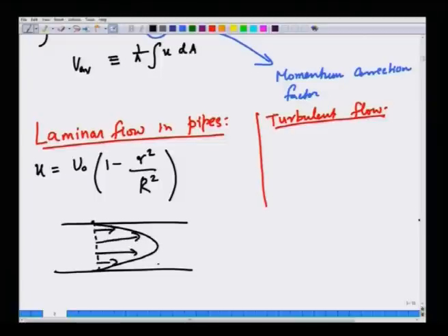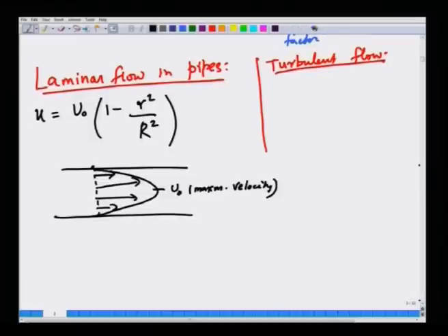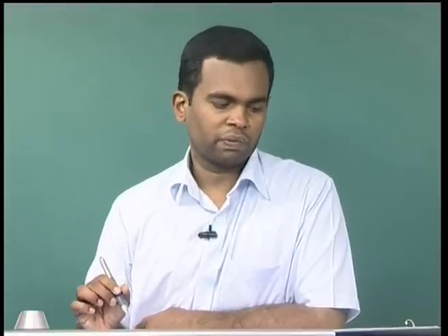Velocity goes to 0 at r equals capital R, and it is a maximum, u naught is the maximum velocity at the center, at r equals 0. So, this is both an experimental fact as well as we will illustrate how to derive this theoretically or exactly by doing the differential momentum balance a little later in the course, but right now we will just take it as an experimental fact.